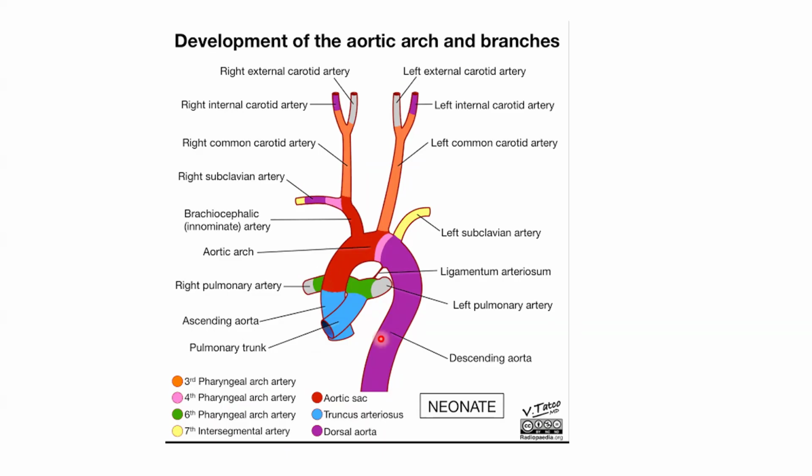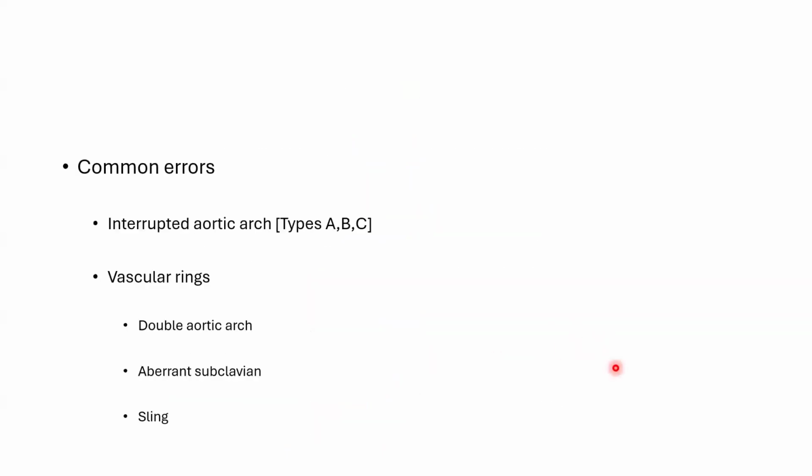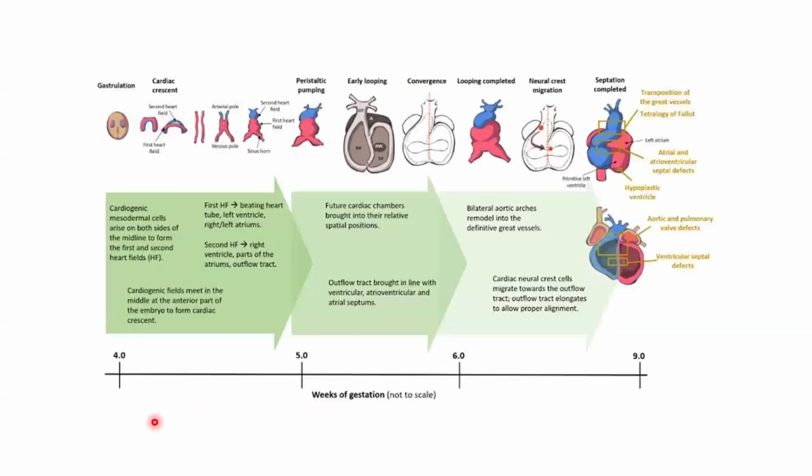The fourth pharyngeal arch, the sixth pharyngeal arch, the aortic sac, the dorsal aorta are really important. So what are the common errors? The interrupted aortic arch, vascular rings, double aortic arch, aberrant subclavians, the slings, all because of problems with that complex. So we have only 3 minutes.